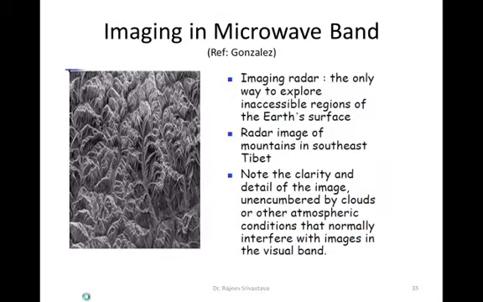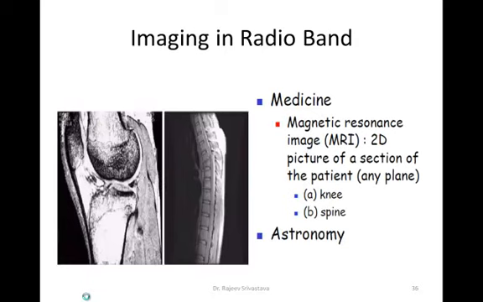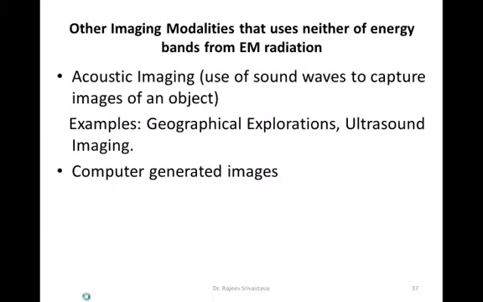Imaging in the microwave band is used for radar imaging. The left image shows a radar image of mountains in the southeast. Imaging in the radio band is used by MRI machines in medicine and in astronomy.